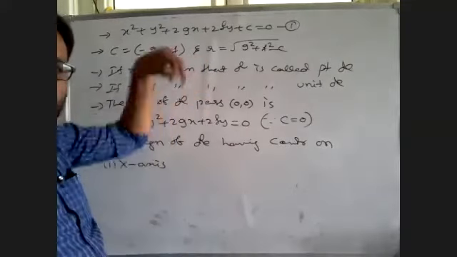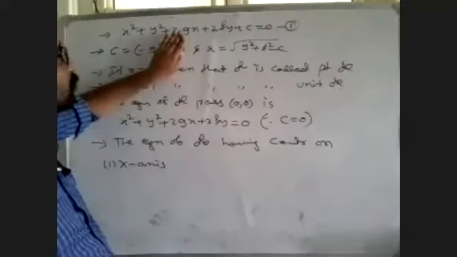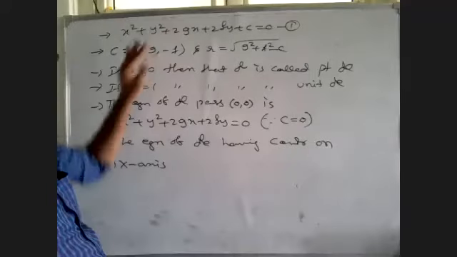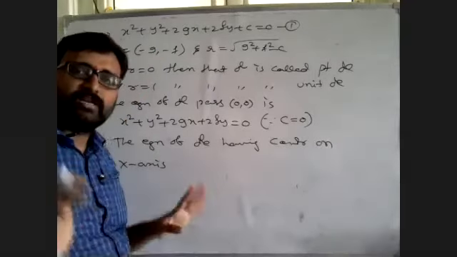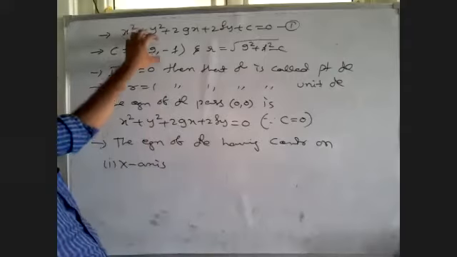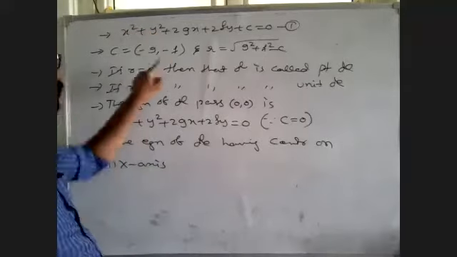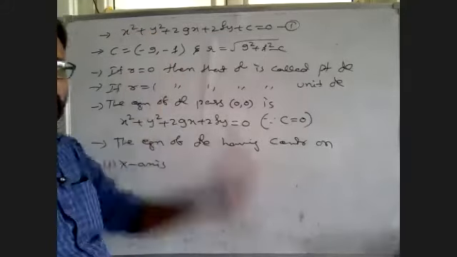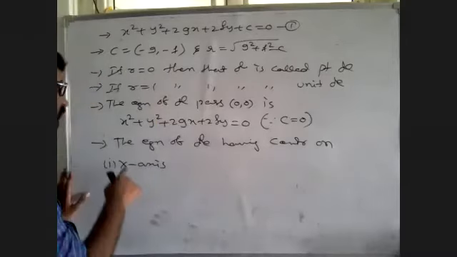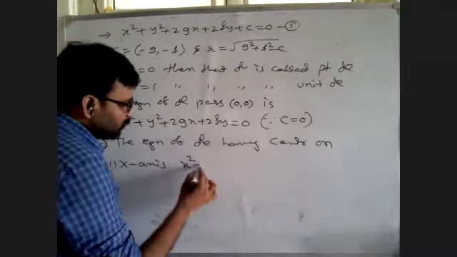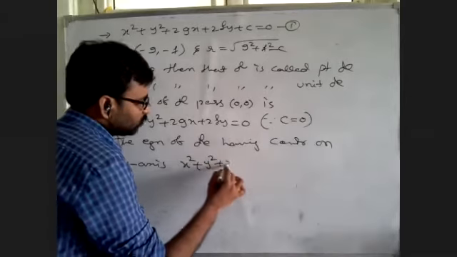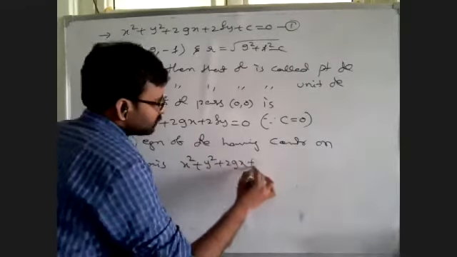If this lies on x-axis, clearly there is no f. Why? Because on x-axis always y value is 0. So if the center of any circle lies on x-axis, then this f will be eliminated. Then the equation will be x square plus y square plus 2gx plus c is equal to 0.